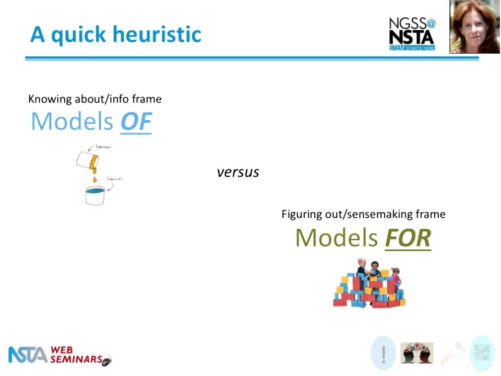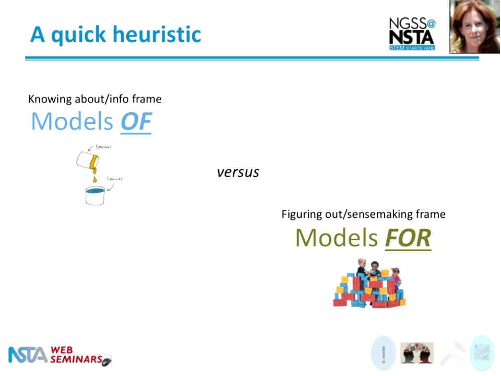So to map back to the thing that we were talking about earlier, really when we think about talking about models of the solar system, or a model of the atom, or a model of food chains, or something like that, we are really positioning students in that knowing about or information frame, and we're in a transmissionist mode.